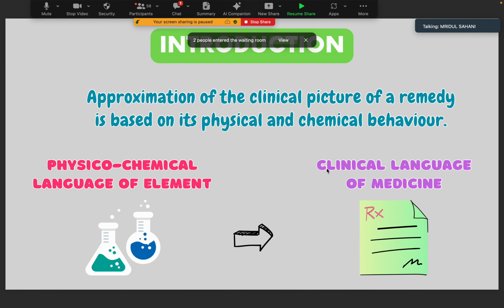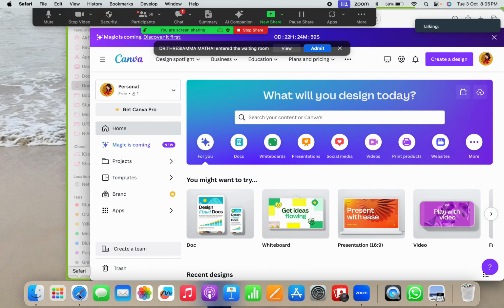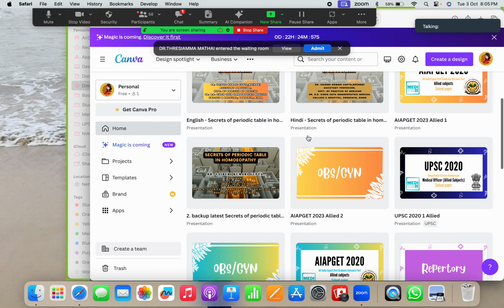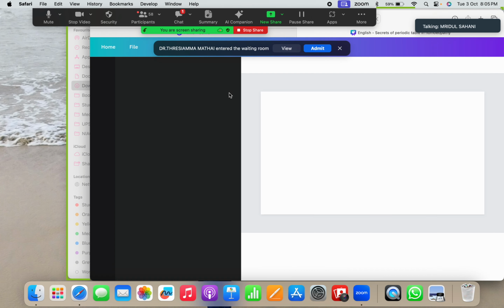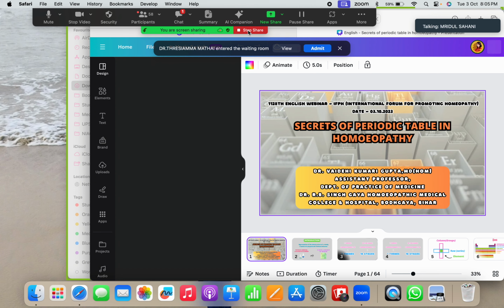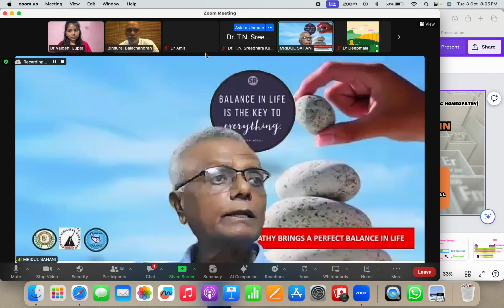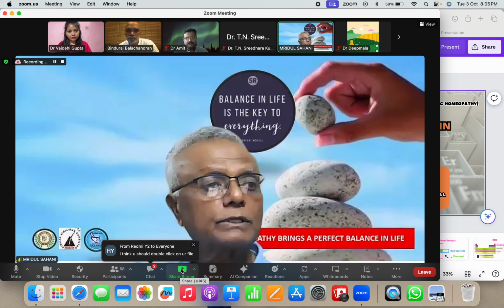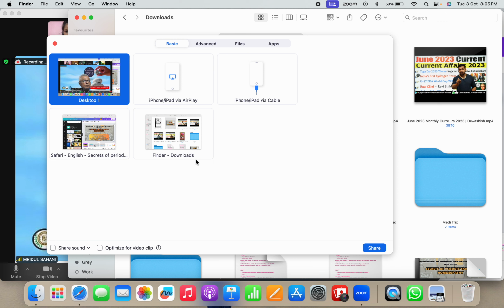It is not open. You have not clicked your PPT. It is not on the desktop. Why don't you put this PPT on the desktop, and then you will be able to.